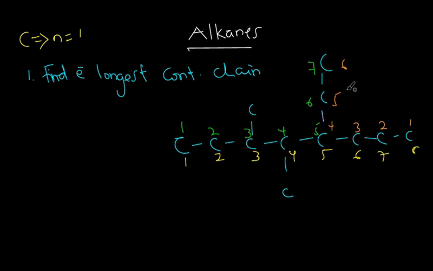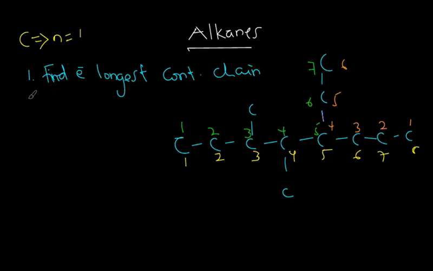From the look of things, it is clear that if we take this as our longest continuous chain, then that makes sense because we have 8 carbons in this row. If we are counting like this, we have 7. From this side we have 6. So we will be taking our longest continuous chain to be 8.